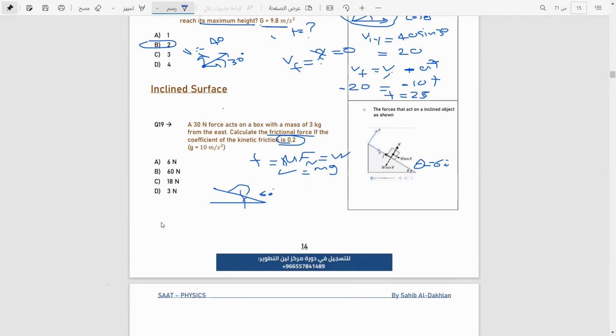If this is the gravitational force coming here, always put in your mind, Fn will be the force perpendicular to the surface. This is Fn perpendicular to the surface.